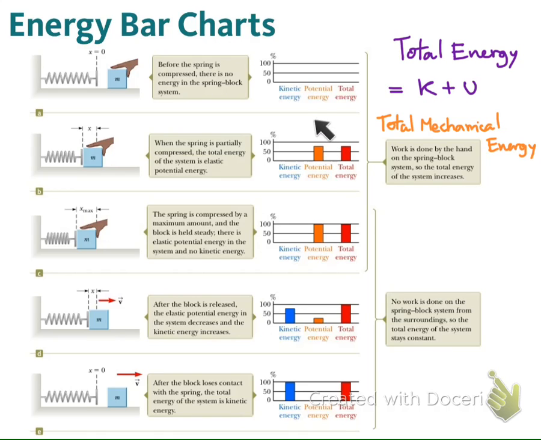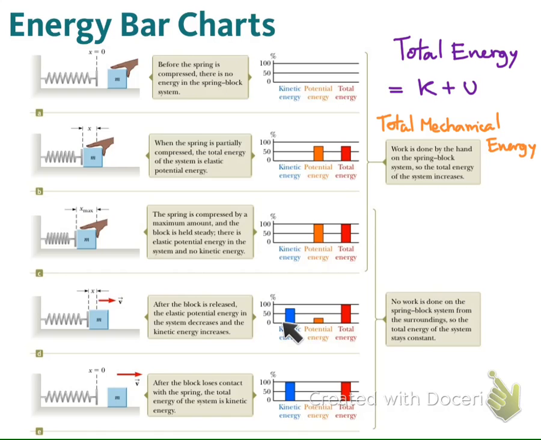We increase the potential energy to the maximum value when we reach the maximum compression, and after that we release the object, and the object starts to move to the right. The potential energy decreases, but the kinetic energy increases. The potential energy decreases to its minimum value, which is 0 at the equilibrium point, and after that we have only the kinetic energy.